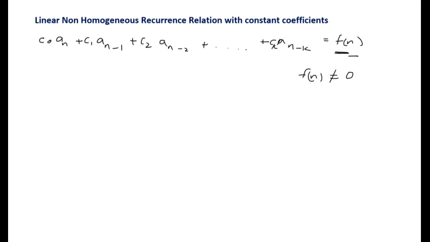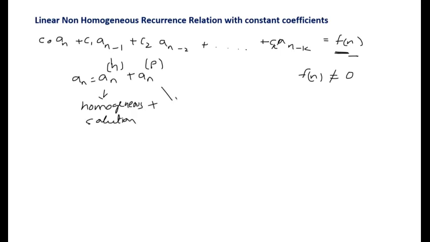The solution for this non-homogeneous recurrence relation is a_n = a_n^h + a_n^p. So a_n^h here is the homogeneous solution, as we have seen in the previous videos, plus a_n^p is the particular solution.